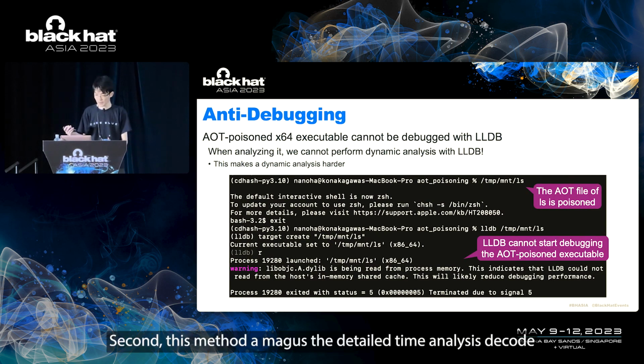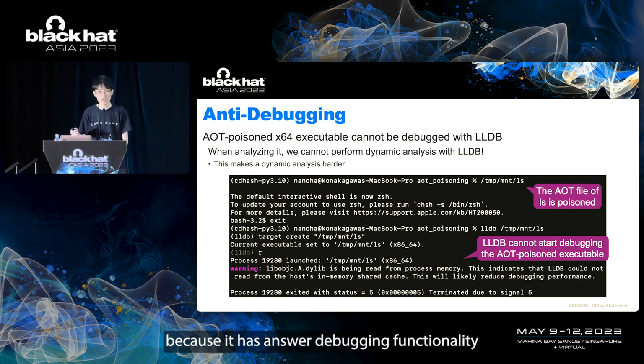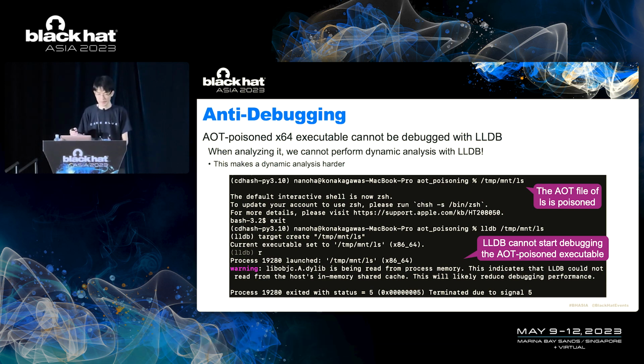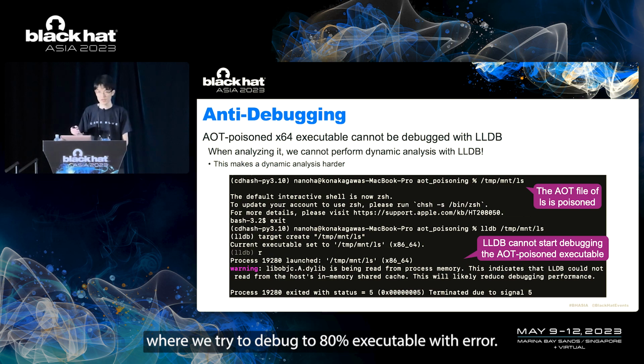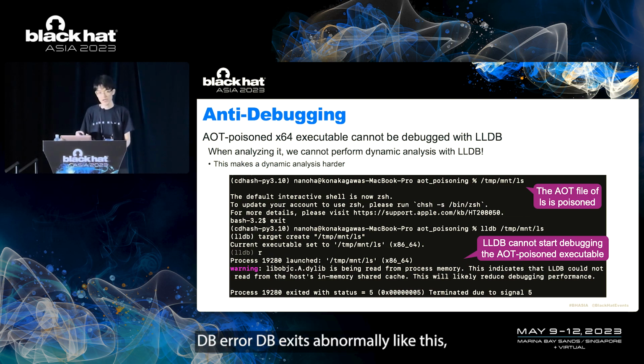Second, this method makes detailed dynamic analysis difficult because it has anti-debugging functionality. When we try to debug the AOT poisoned executable with LLDB, it exits abnormally like this. So when an attacker executes malware with this technique, detailed dynamic analysis becomes harder.